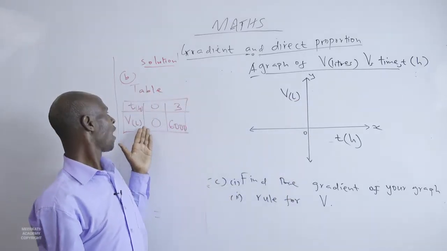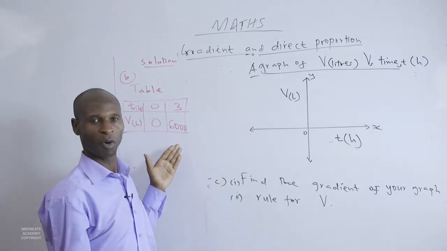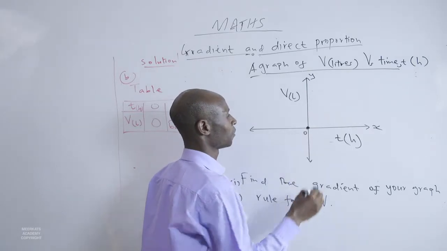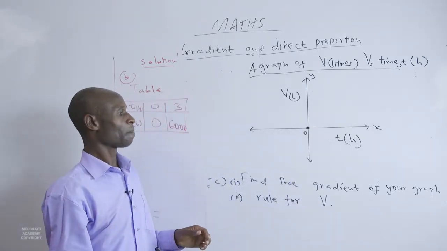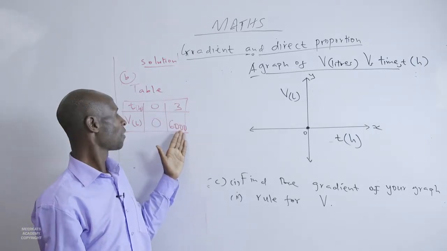So our first point is 0, 0. We plot that point at the origin. The second point is 3, 6,000.